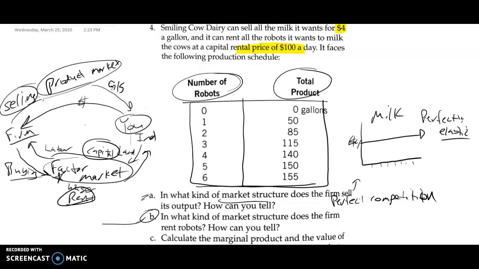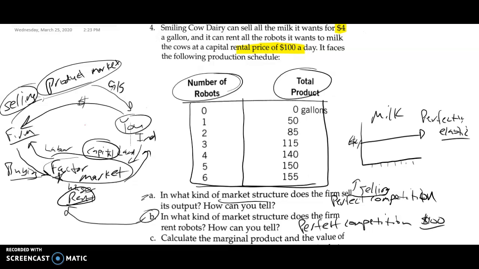B is talking about the factor market, the buying, the renting of robots. How do we know what kind of market structure they are in when it comes to buying? In the selling realm, they're selling in perfect competition. All the goods are exactly the same. They can sell as much as they want at the going market price. In the buying, they're also in perfect competition. How do we know that? Well, because they can rent all of the robots they need or want at $100 each.